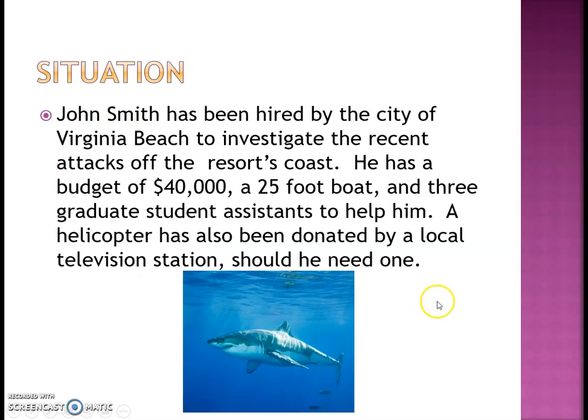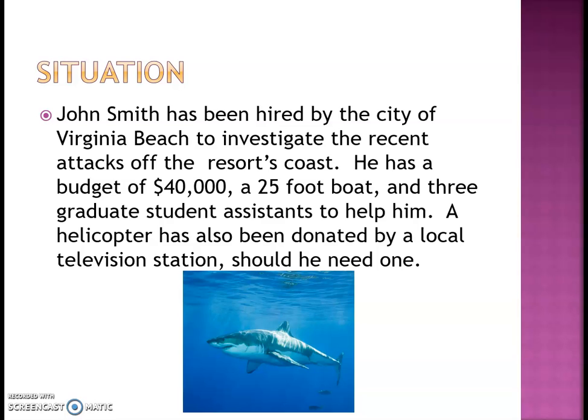So here's, as an example, a situation that we're going to use in this lecture to illustrate these different components of the scientific method. In this situation, John Smith has been hired by the city of Virginia Beach to investigate the recent attacks off the resort's coast.